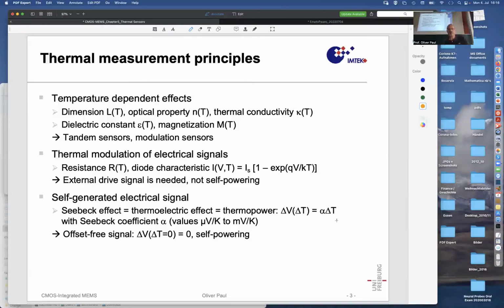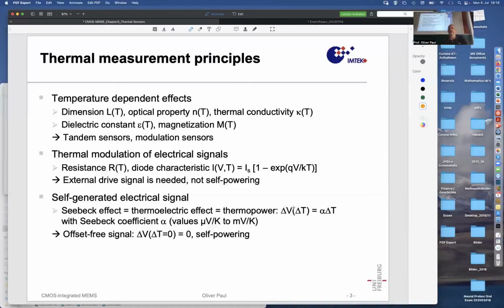So if you have a thermocouple made of two materials, and their respective contacts are at different temperatures, we'll see how that works. There is a temperature difference delta T, then via the Seebeck coefficient, this delta T translates into a delta V, a voltage difference, without any further ado.